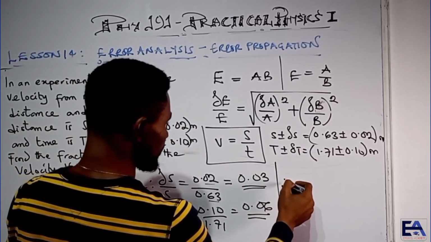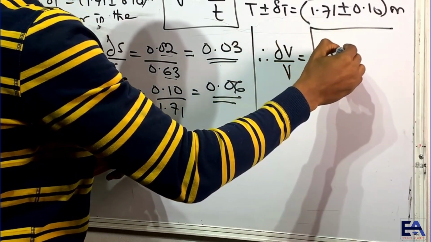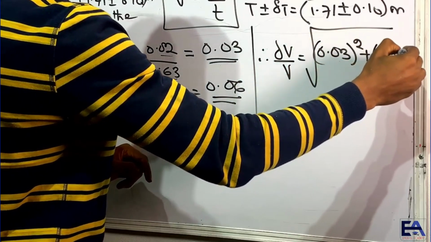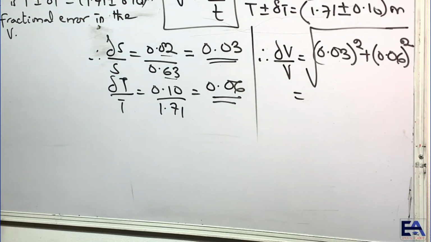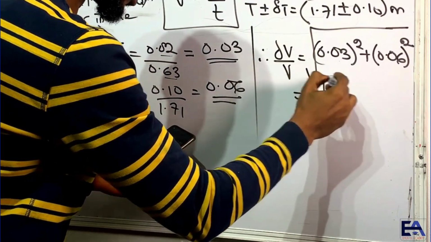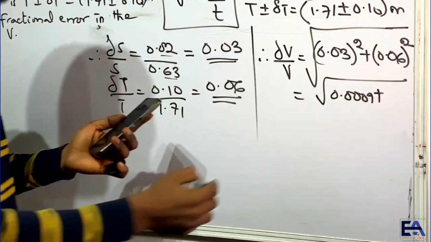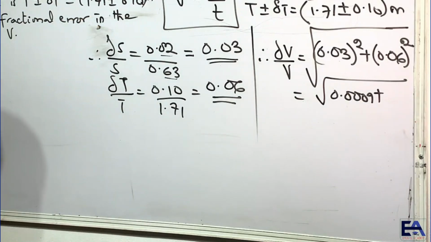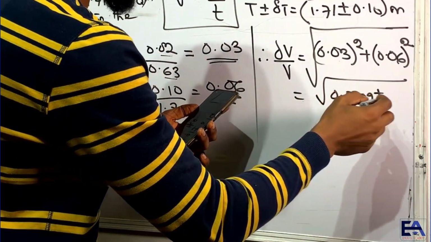Maybe we should just go straight to the point: delta V over V is equal to the square root of 0.03 squared plus 0.06 squared. 0.03 squared is 0.03 times 0.03, which is 0.0009, plus 0.06 squared. The calculator here doesn't have a square key, so raising to power 2, we have 0.0036.